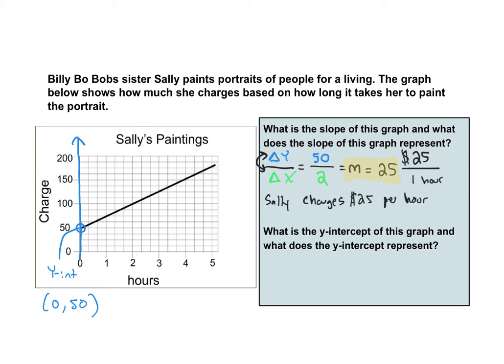So let me write that down over in my answer. So my y-intercept is 0, 50, or when x is 0, y is 50. And in this case, since x is hours and y is money, that means that in 0 hours, she charges $50.